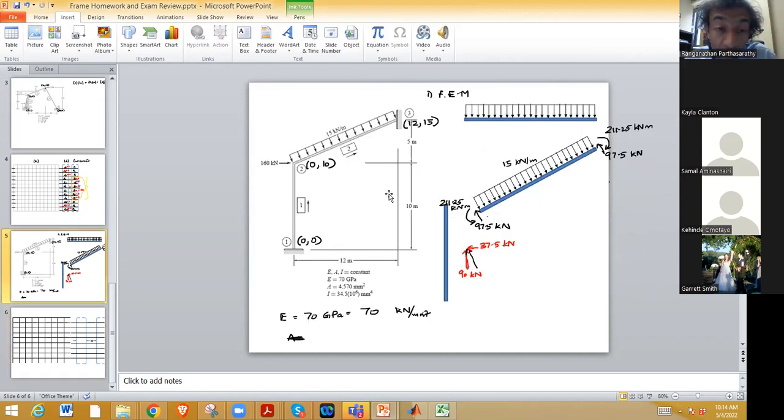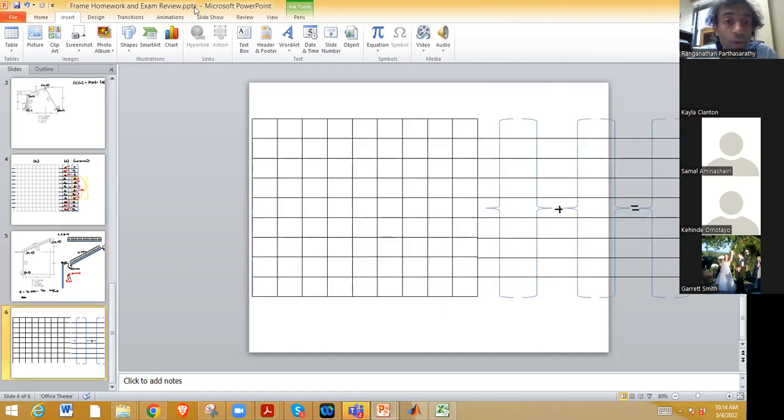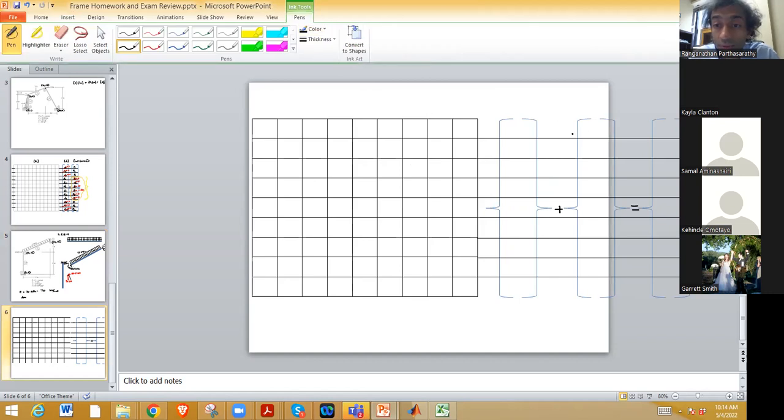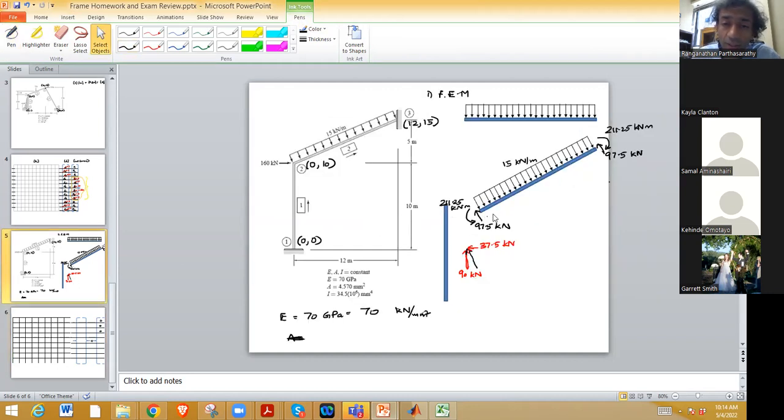So you have nothing for this end. 0, 0, 0. Then what do you have at this end? You have horizontal is negative 37.5.